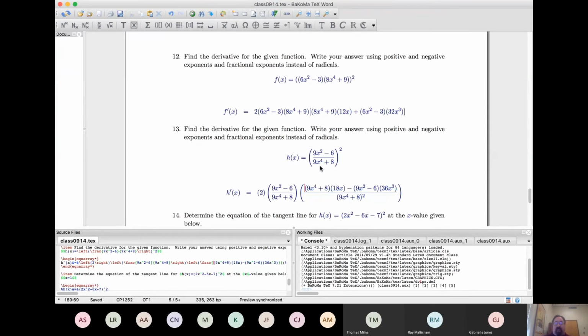So here we have denominator times the derivative of a numerator minus numerator times derivative of a denominator, all of that over denominator squared. So all of that goes off to the side here as part of what's needed for the general power rule.